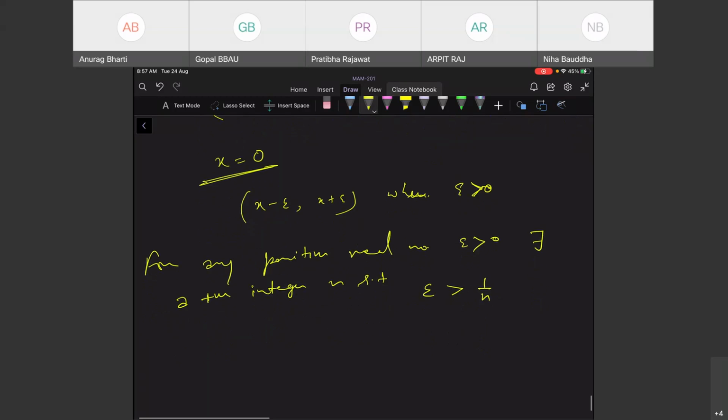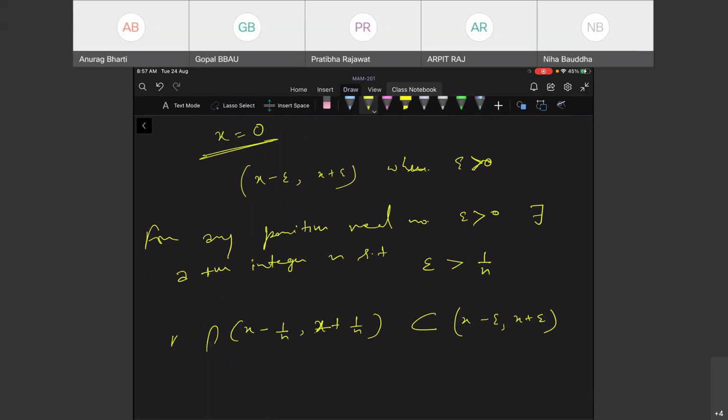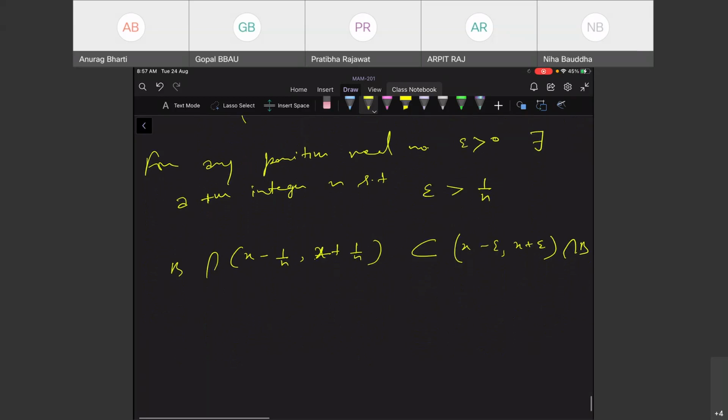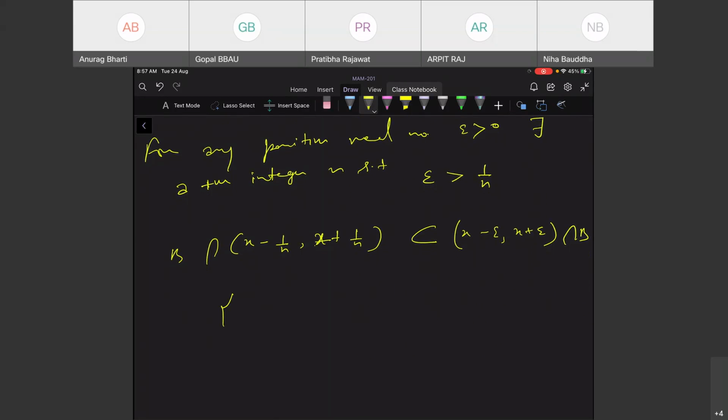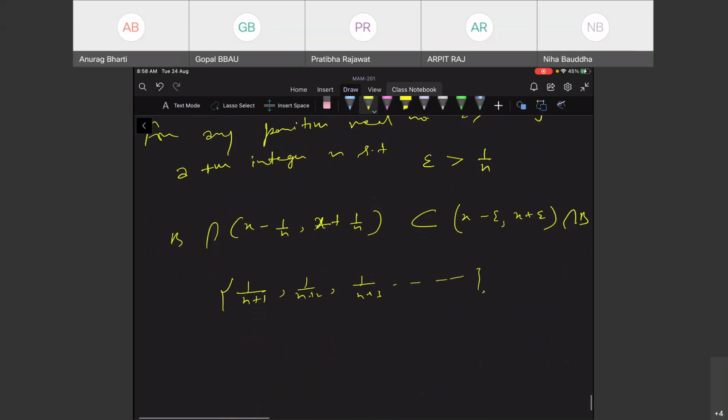This means x minus 1 by n, x plus 1 by n is contained in x minus epsilon, x plus epsilon. When you intersect this with B, you will get so many numbers: 1 by n plus 1, 1 by n plus 2, 1 by n plus 3, and so on. So there are infinitely many. So 0 is a limit point of this set.